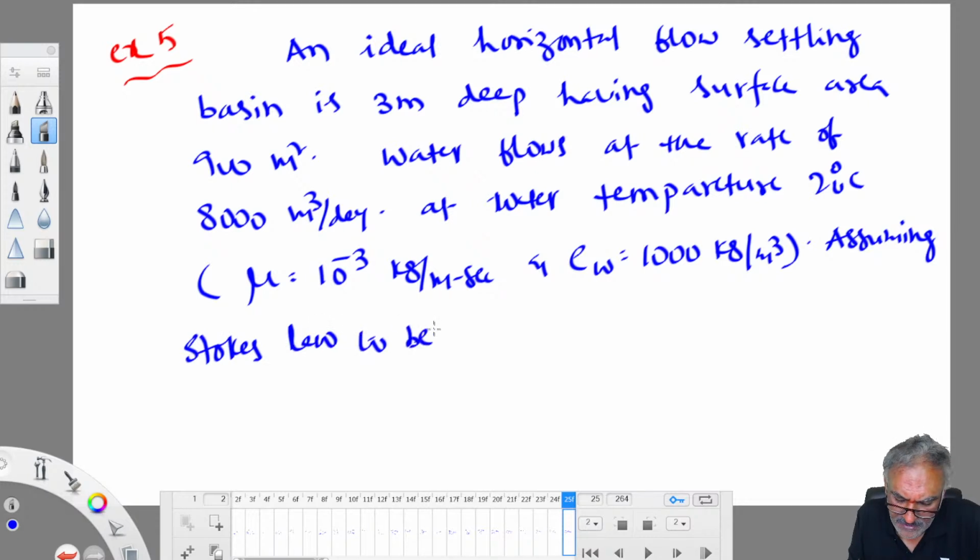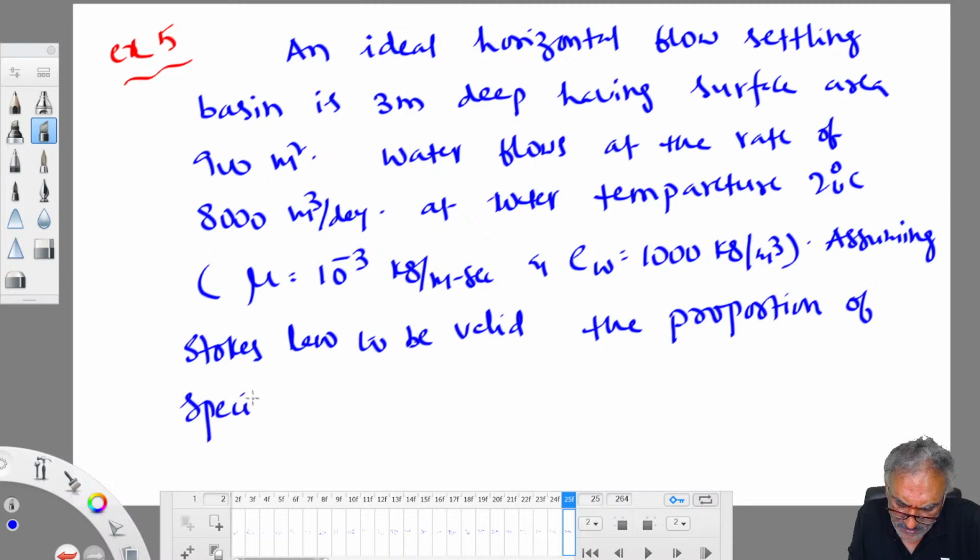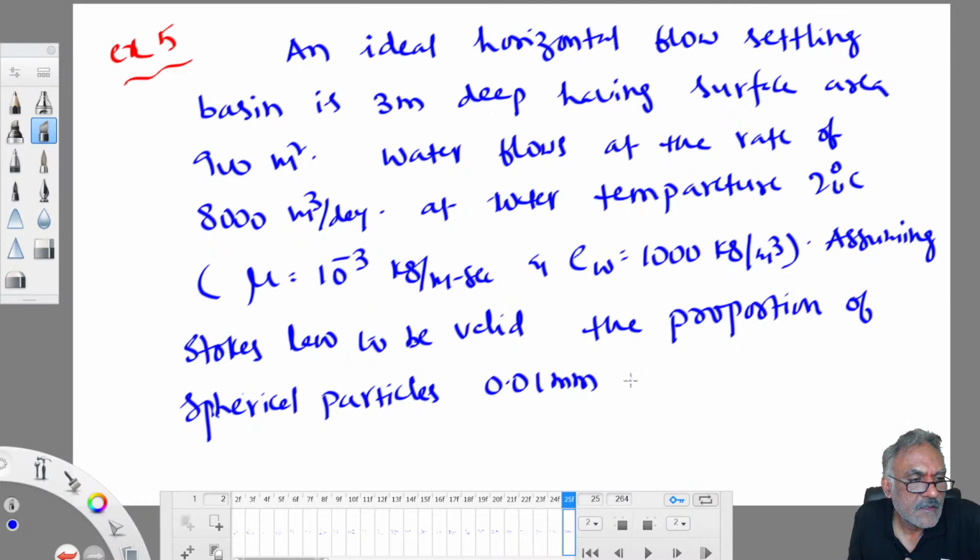The proportion of spherical particles 0.01 mm in diameter with specific gravity 2.65 will be removed.